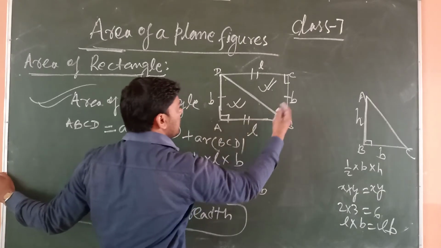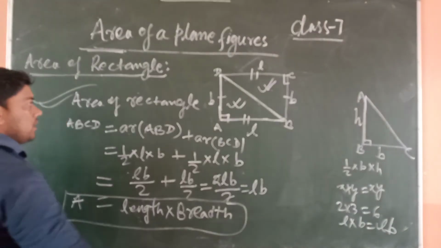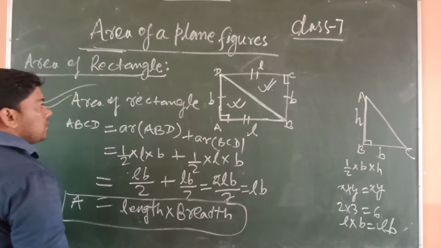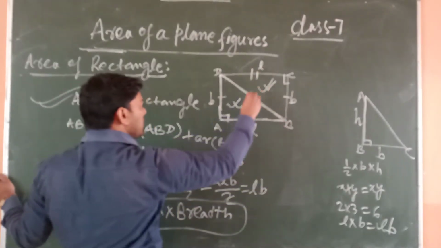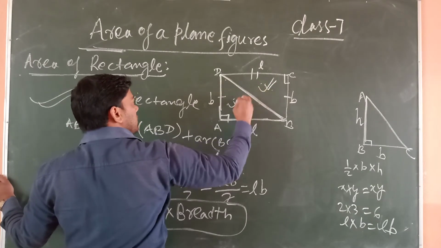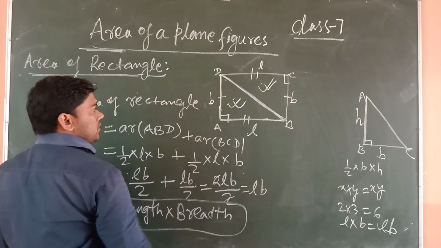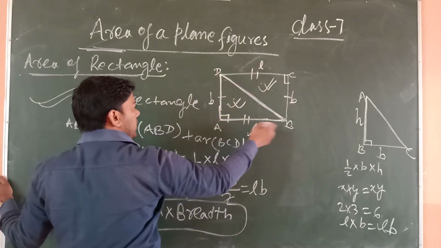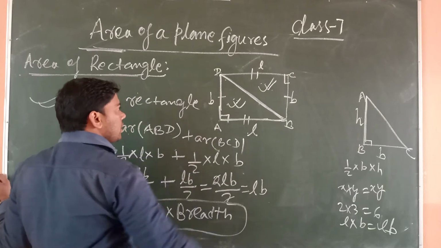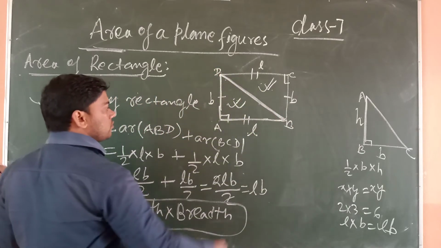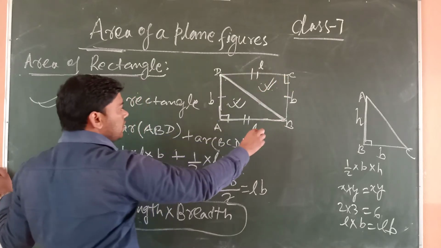If a plane figure is made up of more than one plane figure, then we can find its area by adding the areas of those plane figures. See, for finding the area of rectangle ABCD, let us join a diagonal, any one diagonal, AC or BD.